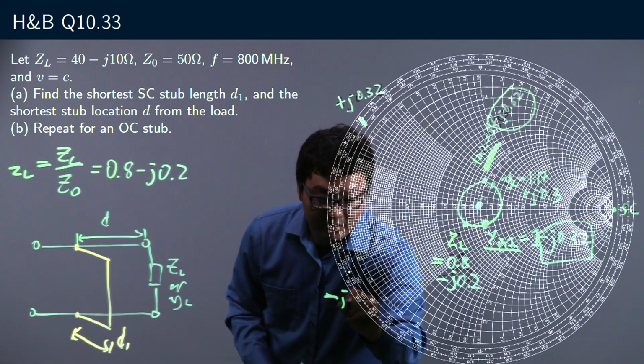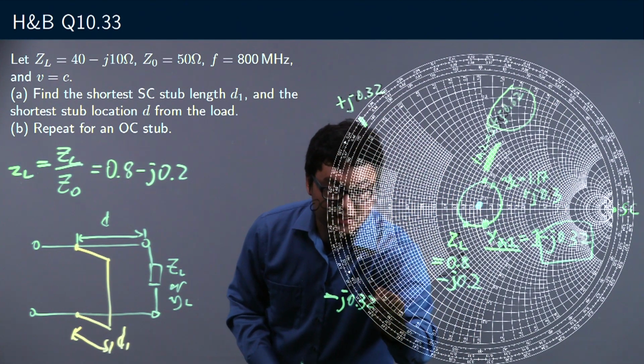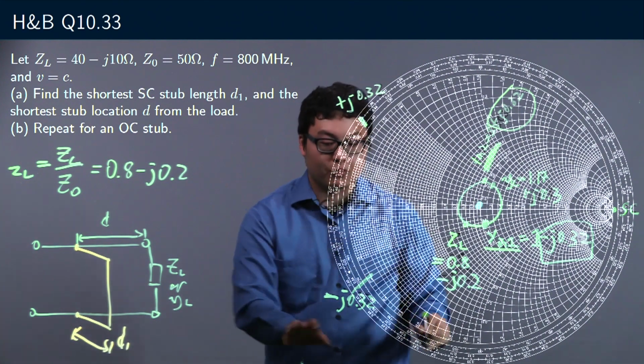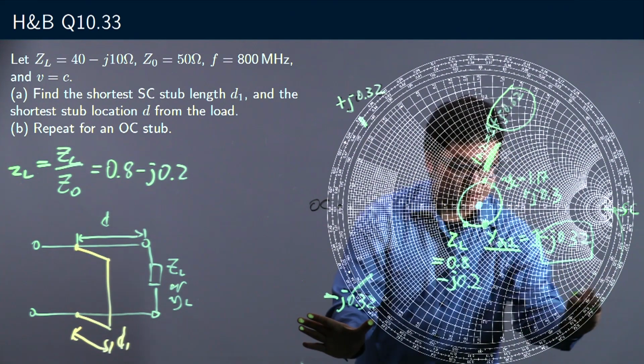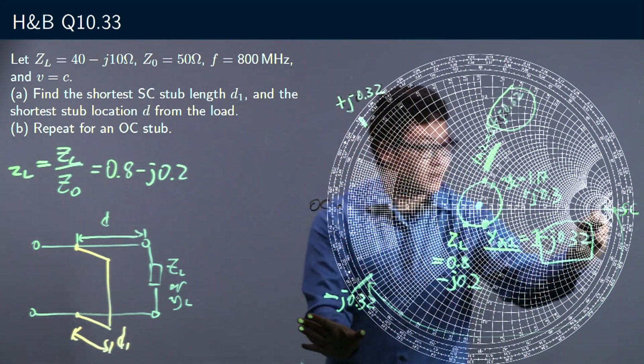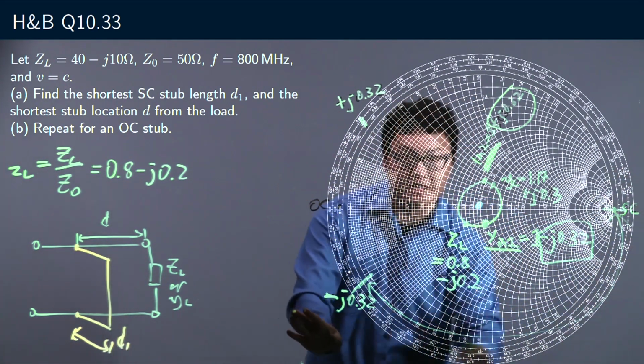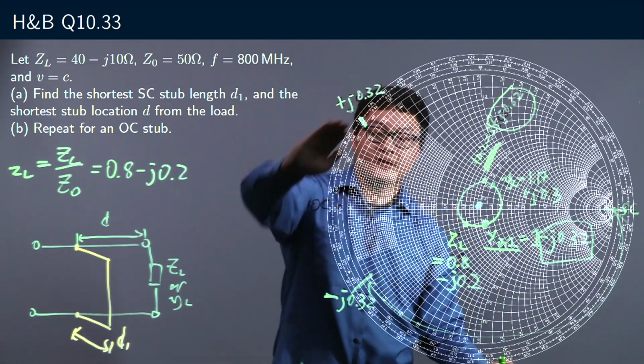So we want a short circuit stub that would reach this point. So if we find the length of this, obviously this is shorter than that.